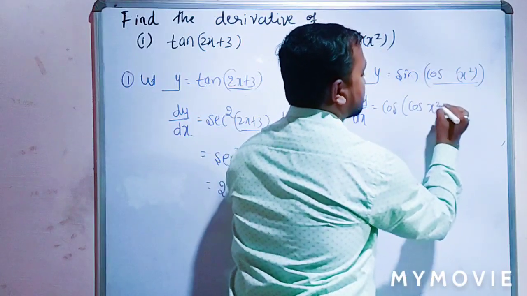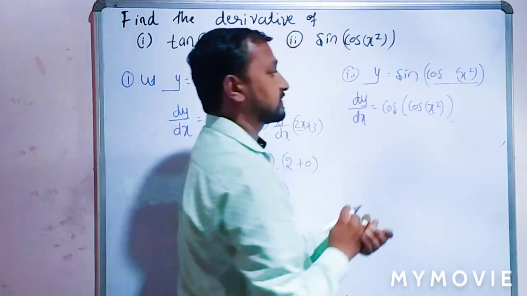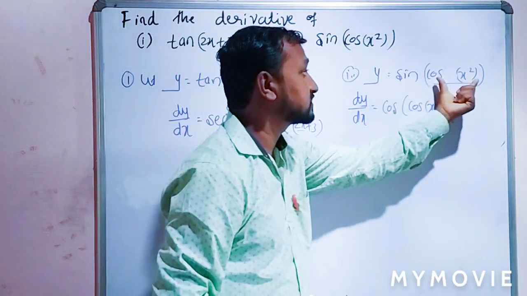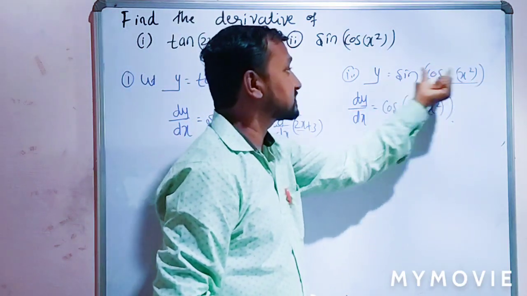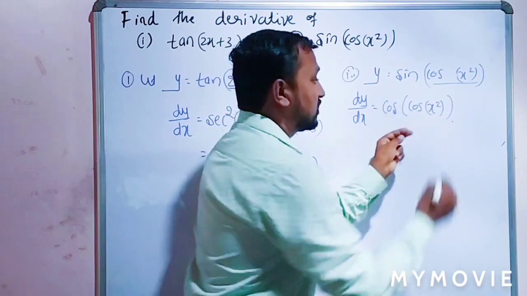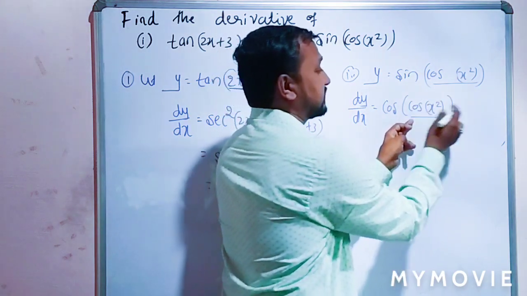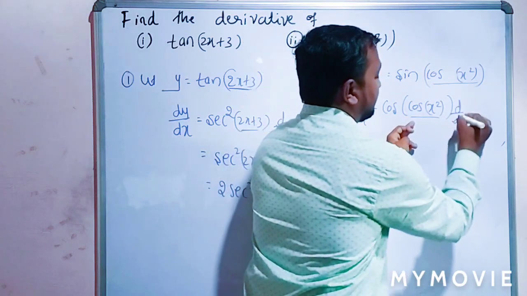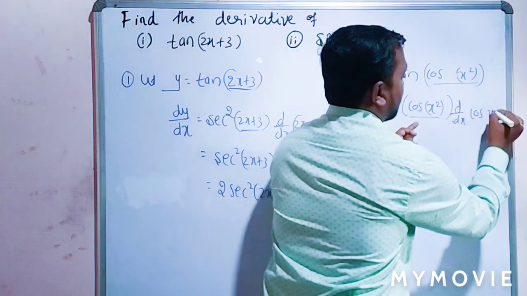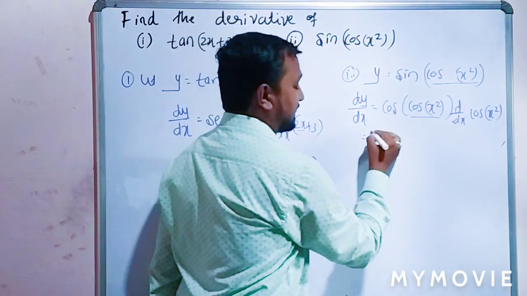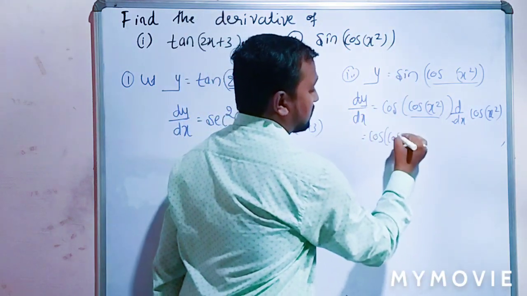Cos of x square. It is clear that sin of this whole function is x. The derivative of sin x is cos x. Instead of x, what is there? Cos of x square. Instead of x, differentiate this function again, that is d by dx of cos x square. This function, keep as it is: cos of cos x square.